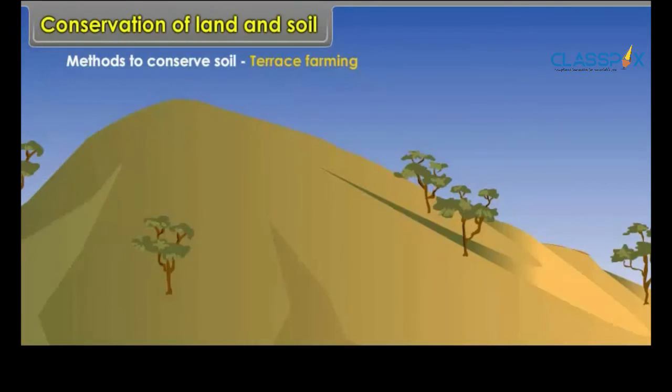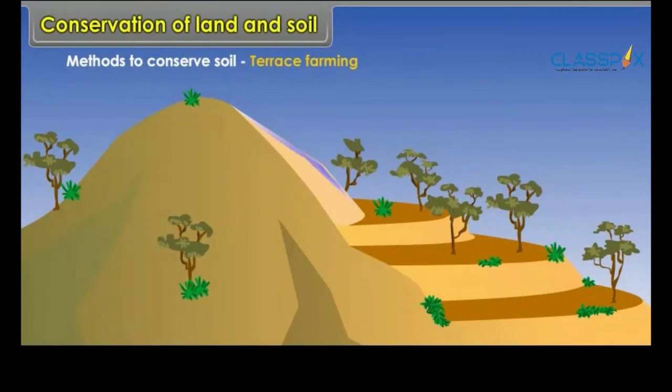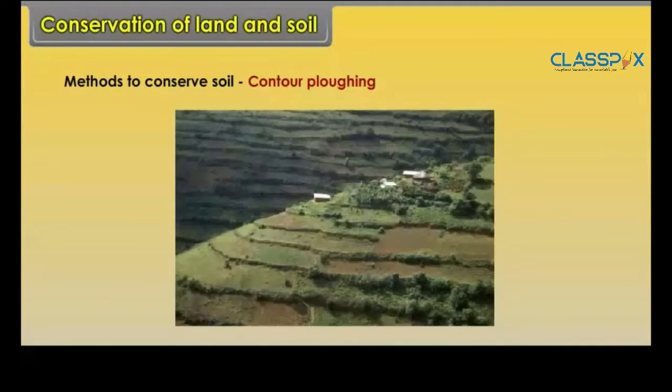Terrace farming. On the hills, construction of terraces like steps or stairs can prevent soil erosion. In this way, the speed of the flowing water is reduced and there is less soil erosion. Contour plowing.